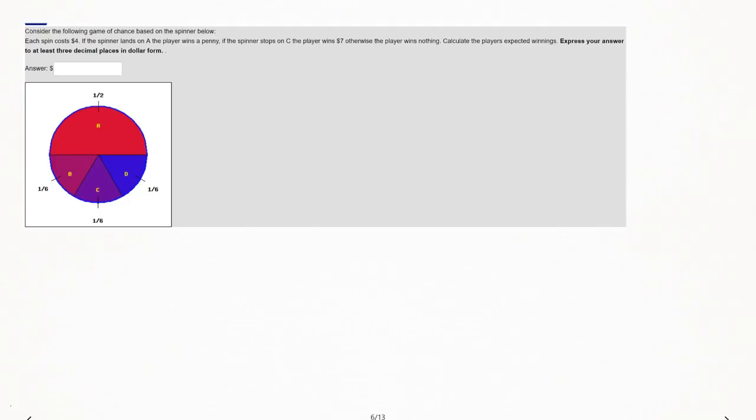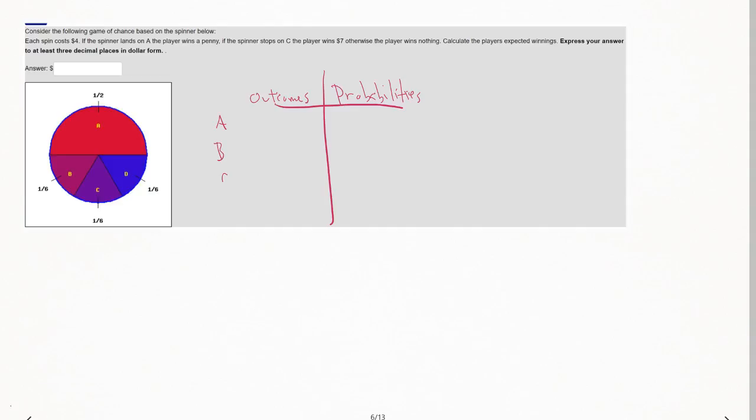Okay, cool. So here's your outcomes. We'll put our outcomes down here, and the probabilities right here. Okay. So now I'm going to put off to the side A, B, C, and D, but those are technically not our outcomes.